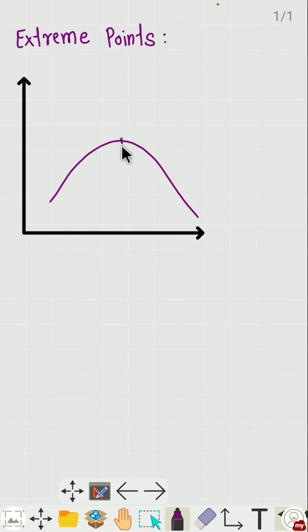The point on the x-axis corresponding to that point is called the point of maxima. The value corresponding to this point is called the maximum value of that function, and as this value occurs at this point, this point is called the point of maxima.